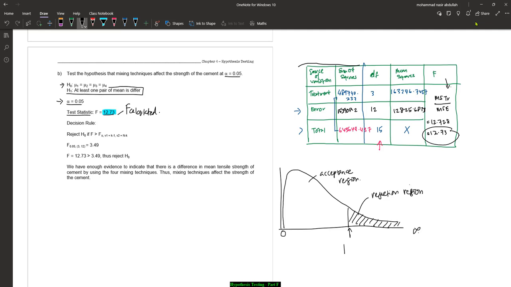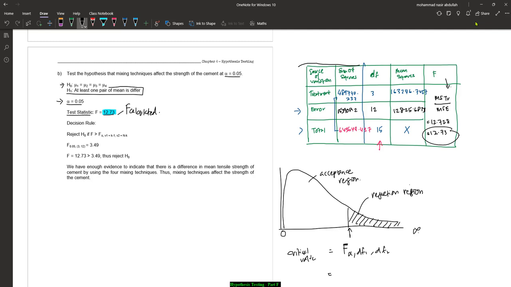So the critical value, this is a critical value, right? F alpha, degree of freedom 1 and degree of freedom number 2. So look at the F table. The one-way ANOVA table.